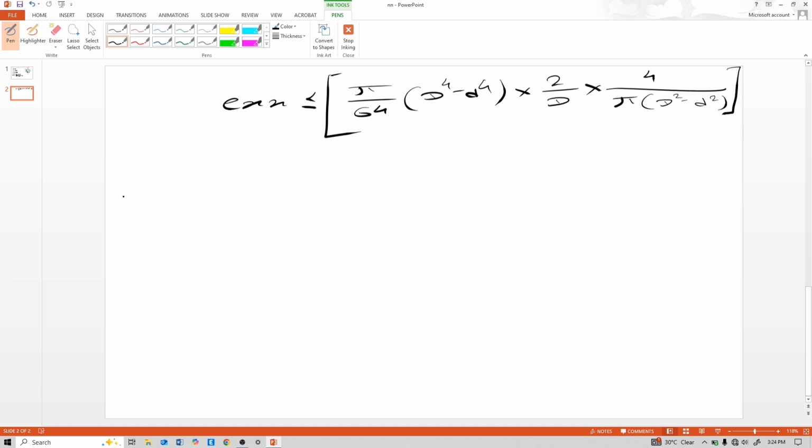So that is it. So Exx should be less than or equal to, this is 8, and 8 is 64.